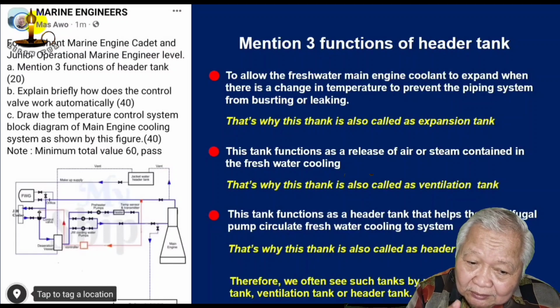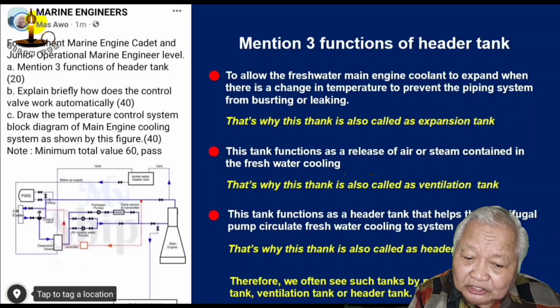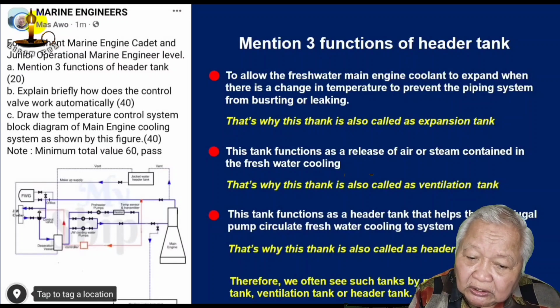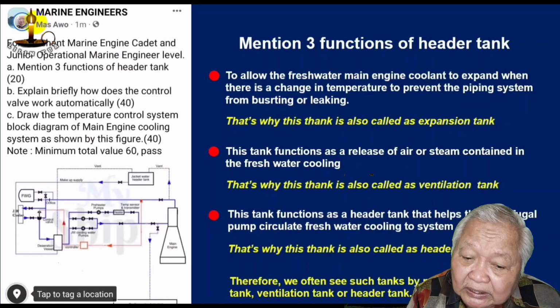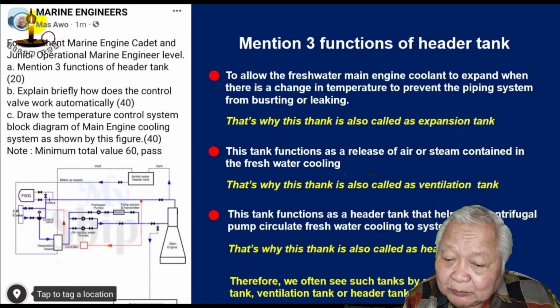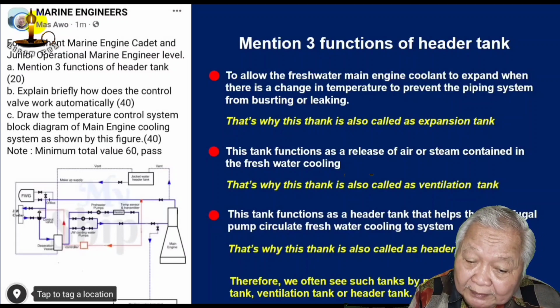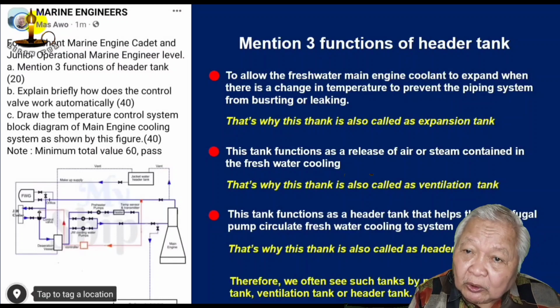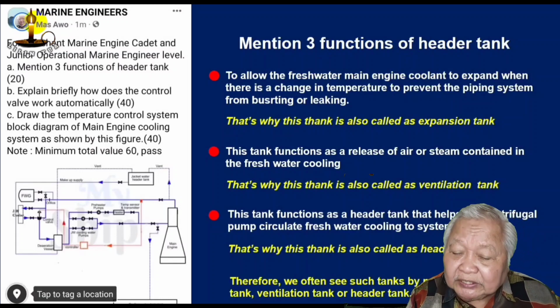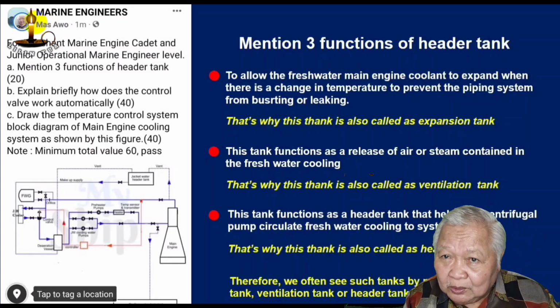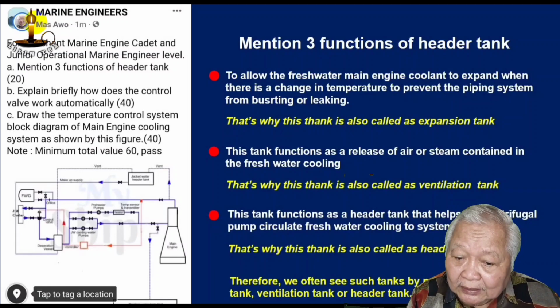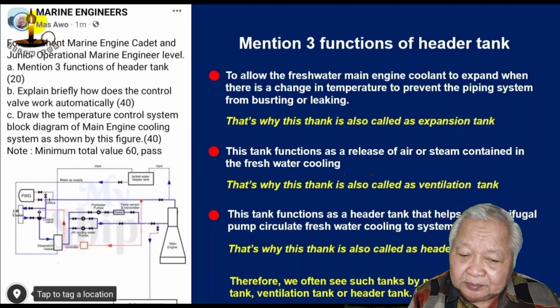That's why this tank is also called a ventilation tank, completely as an air ventilation tank.